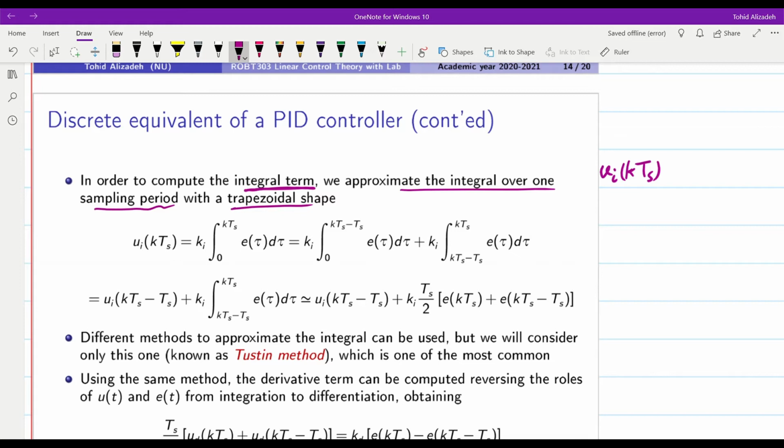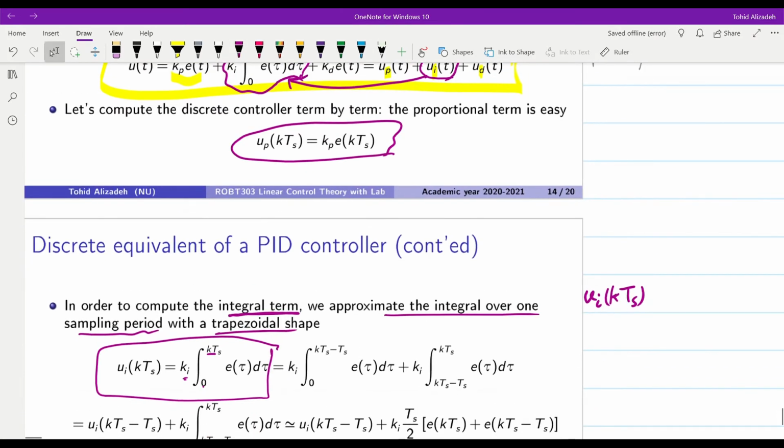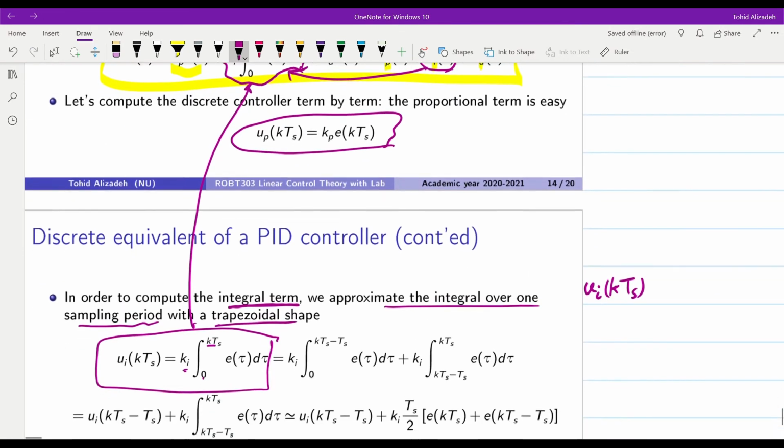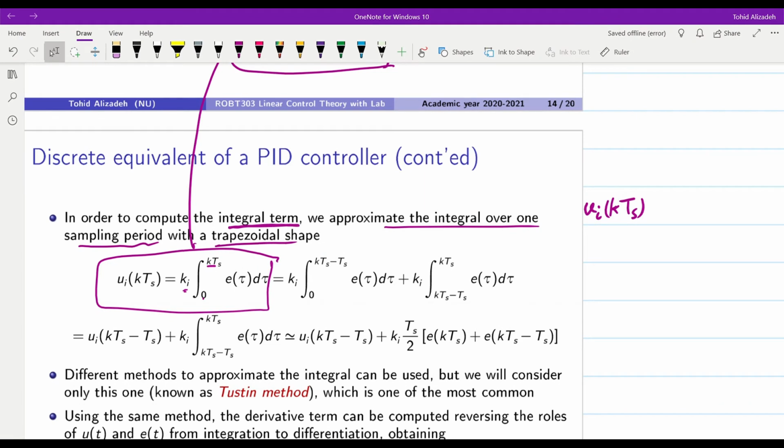So ui at k Ts will be equal to Ki times the integral from 0 till k Ts of e(tau) d tau. This is obvious, as it comes directly from what we have here by replacing t with k times Ts.